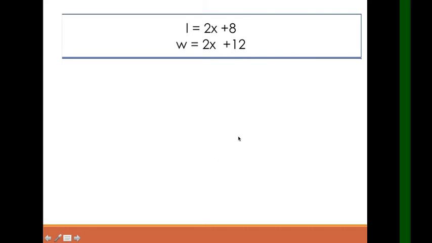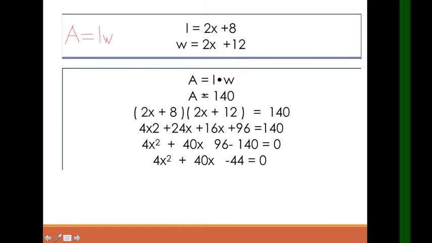So, to do this, remember that in a rectangular figure, ang formula natin to get the area is A equals length times width. Kung natatandaan nyo pa yung geometry subject ninyo. So, meron tayong length na 2x plus 8 and width na 2x plus 12.